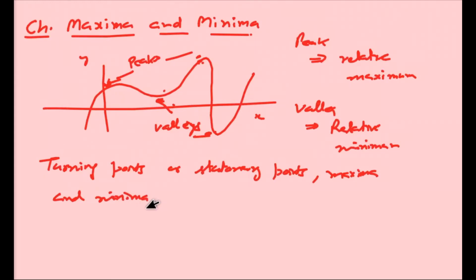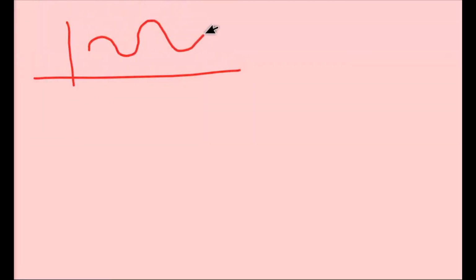Now students, for this you can go to this graph. Here is a graph. Now in this graph you can see this point, this point, and this point.